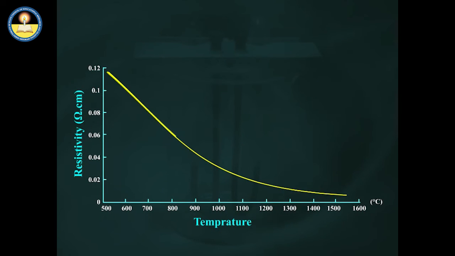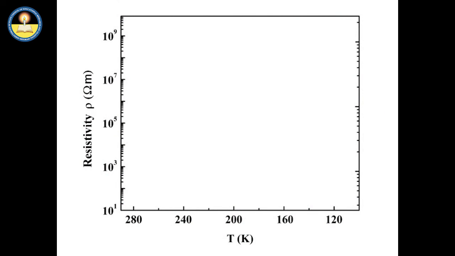For semiconductors, resistivity decreases with temperature, and for the insulators, the resistivity increases exponentially with decrease in temperature. It becomes infinitely large at temperatures near absolute zero.